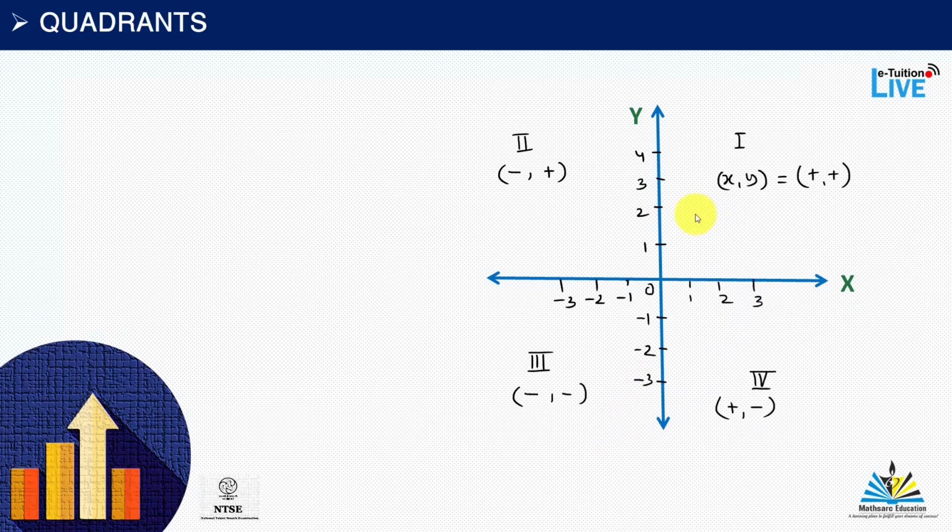So now you can clearly observe that for the point xy in the first quadrant both must be positive, and in the second quadrant x is negative and y is positive. In the third quadrant x and y both are negative, and in the fourth quadrant x is positive and y is negative. So these are the quadrants.